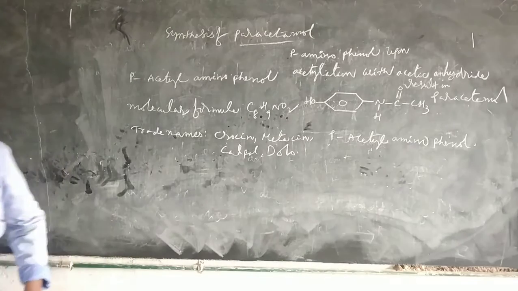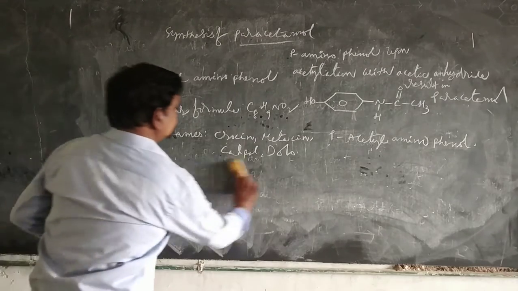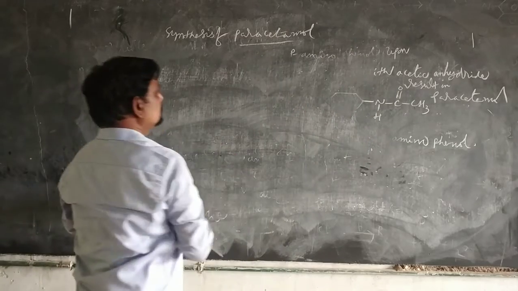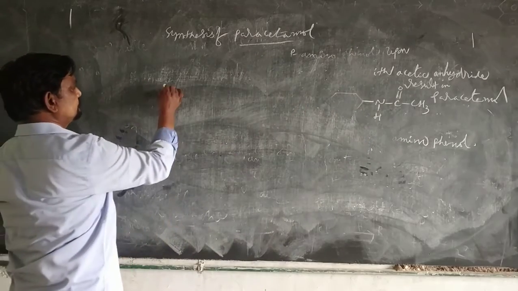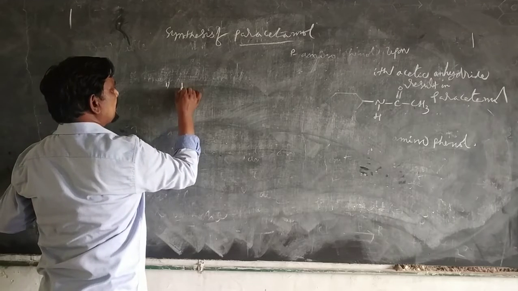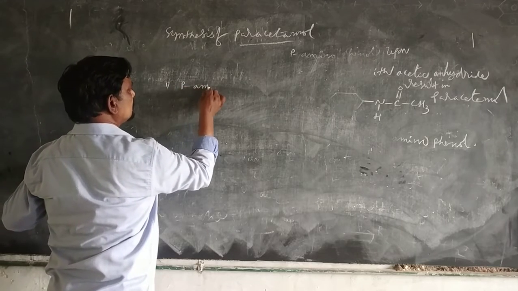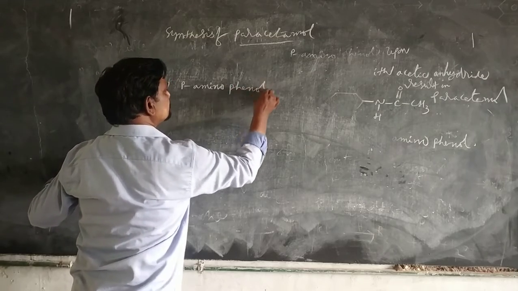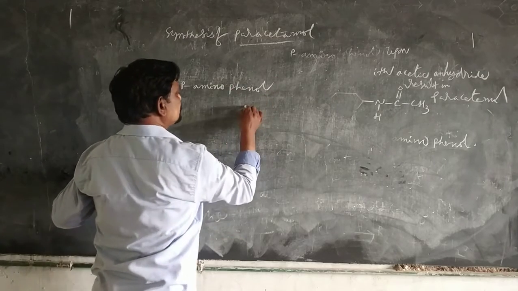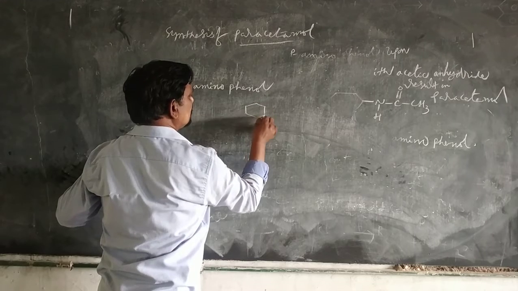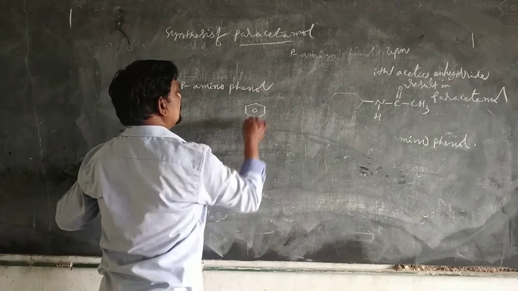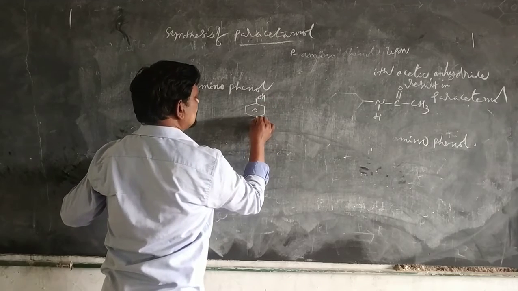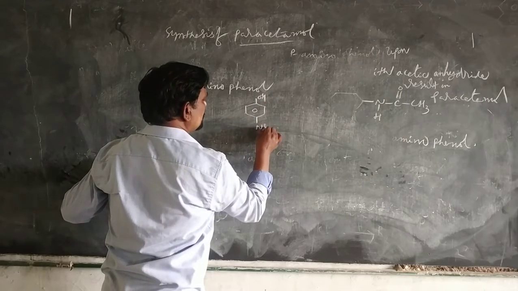So in paracetamol preparation, initially para-aminophenol: this is a benzene ring, with an OH group and, at the para position, an amino group.